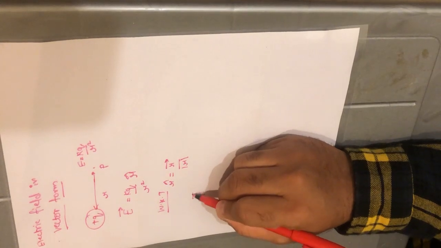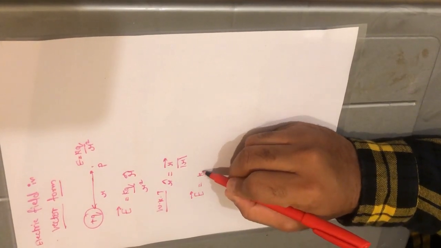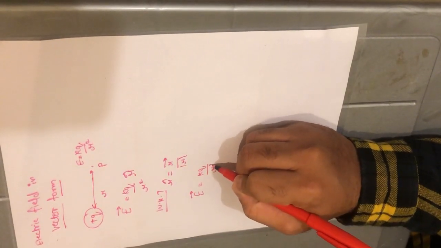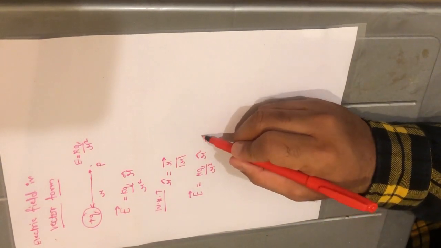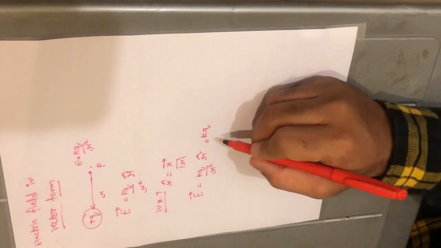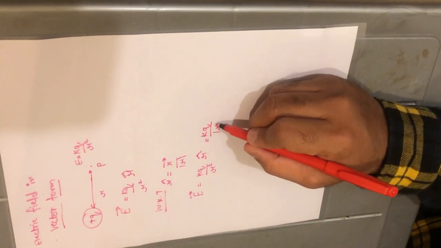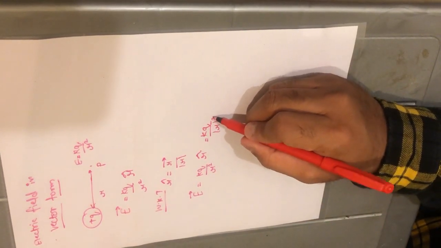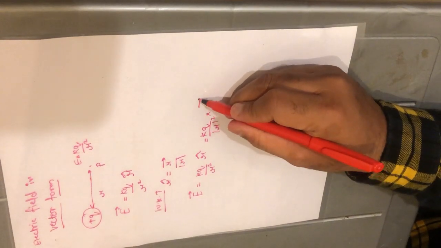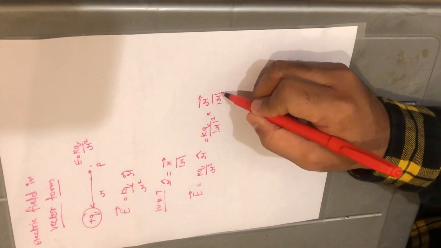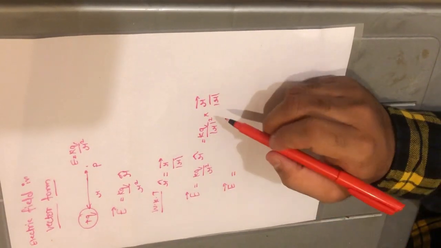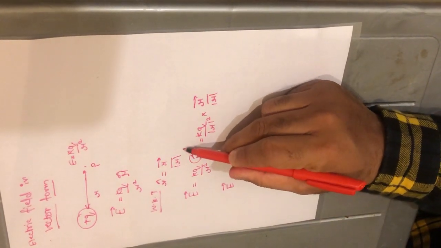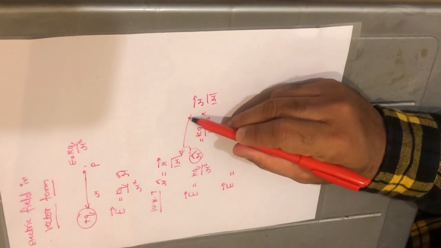And we already know r cap is equal to r vector over mod of r. This is a unit vector conversion. So we are going to substitute the r cap value as r vector over mod of r in the first equation. So it becomes kq upon r square, that is mod of r square, multiplied by r vector over mod of r.